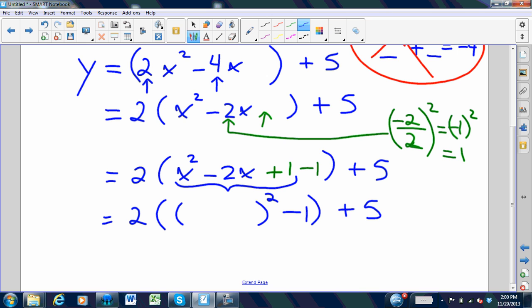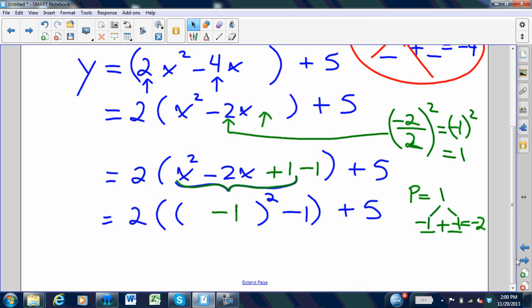And when you factor a perfect square trinomial, if I do the product and sum tree off to the side here of these 3 terms only, my product is 1, my sum is negative 2. I need two numbers that multiply to 1 and add to negative 2, which would be negative 1 and negative 1. And that negative 1 goes right here because it's x minus 1 times x minus 1, which gives me x minus 1 squared.